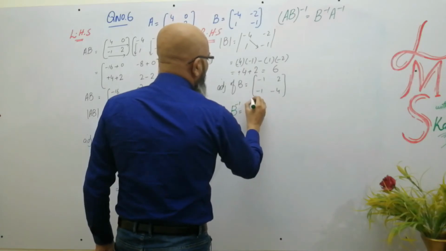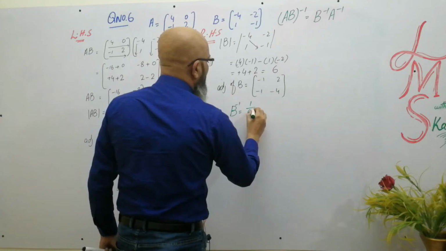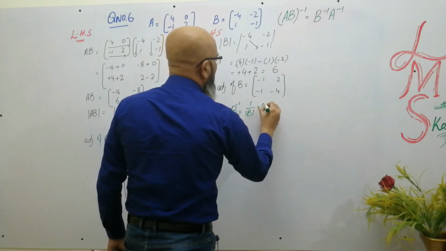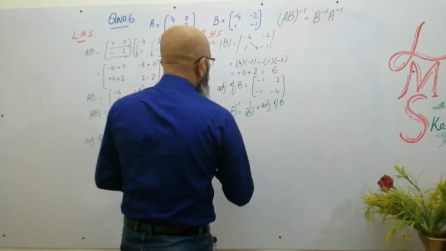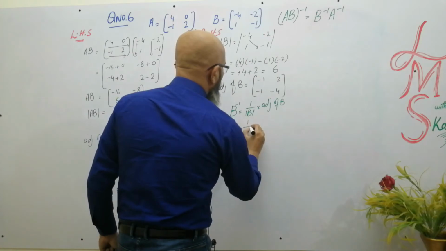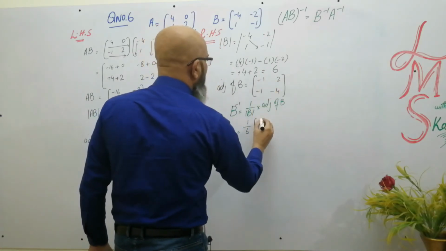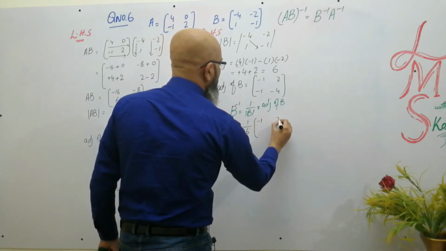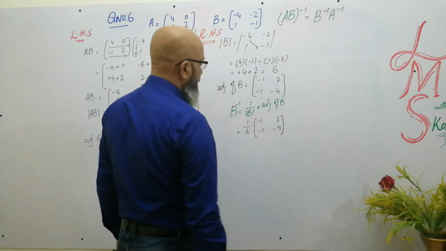B inverse is 1 over B determinant multiplied by adjoint of B. So what is B determinant? 6. It means 1 over 6 multiplied by adjoint of B: minus 1, 2, minus 1 and minus 4.